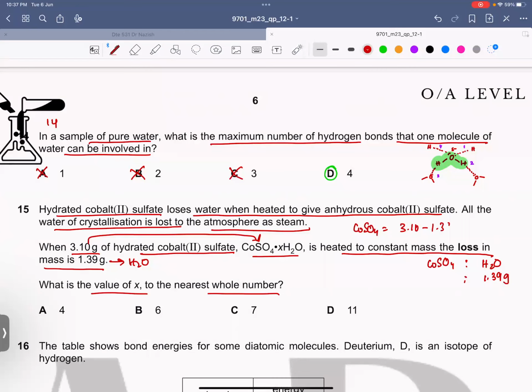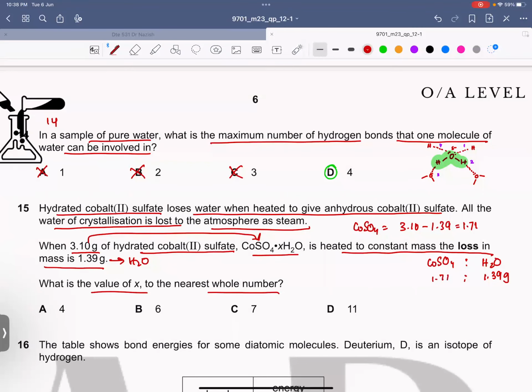Yes, 1.71. So 1.71 divided by, and this one is going to be divided by 18, and this one is going to be divided by 58.9 plus 96. 58.9 plus 96 is 154.9.